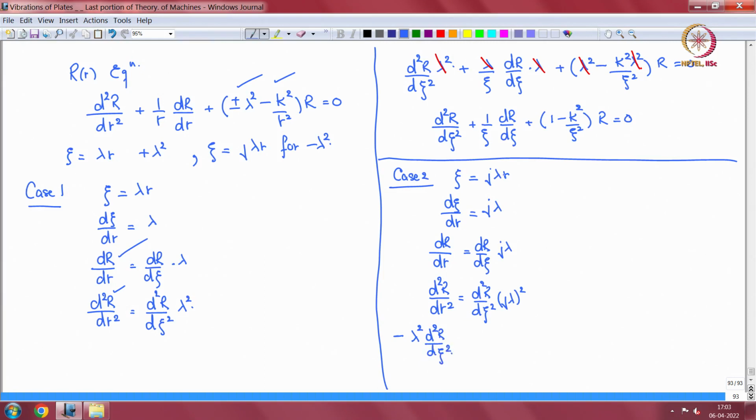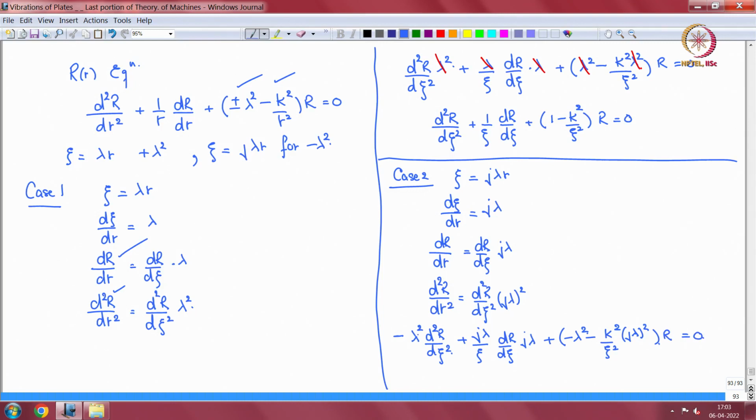Then we have 1/r is equal to jλ/ξ. Then dR/dr is dR/dξ jλ, plus minus λ² minus k²/r², where r² is (jλ)² by ξ², into R, that is equal to 0.